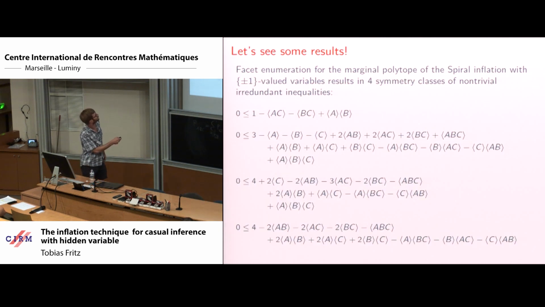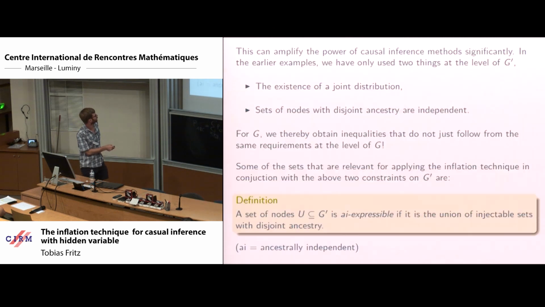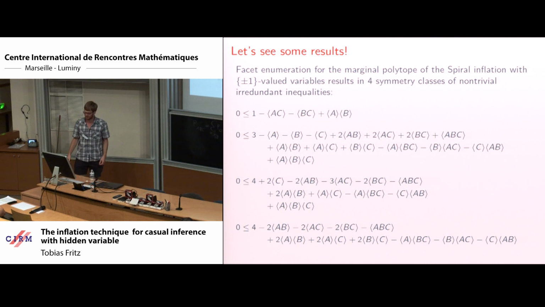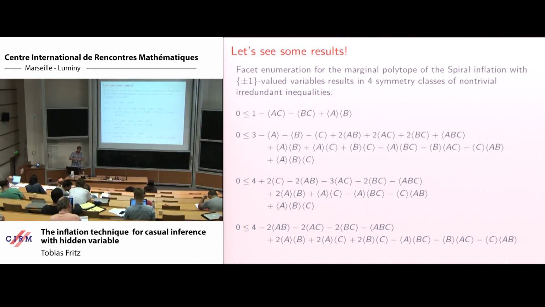Okay, so these are the inequalities that we get from that particular inflation graph. Now the question is, do we actually get a complete description of the set of distributions that are compatible with the graph? This seems like a really difficult problem, and I personally didn't know how to go about it.